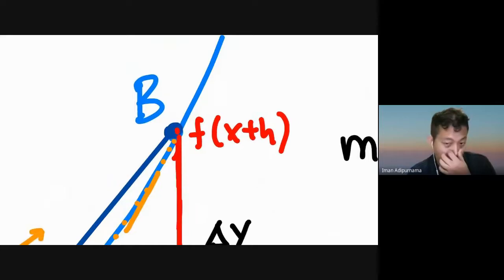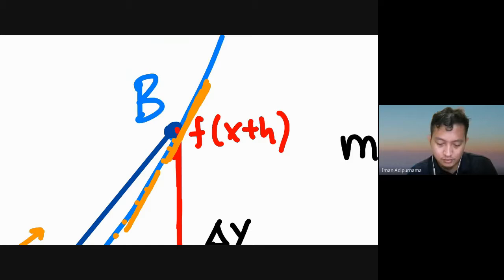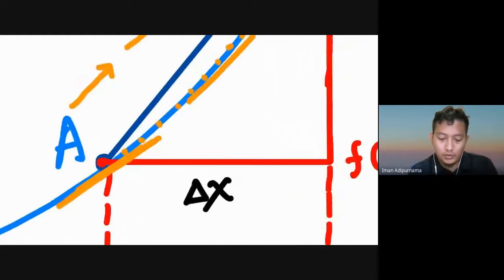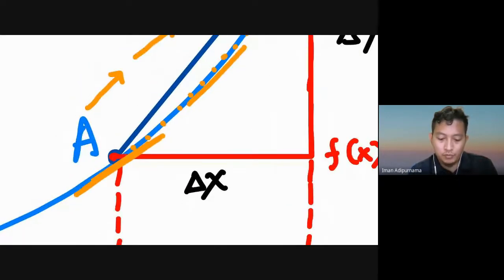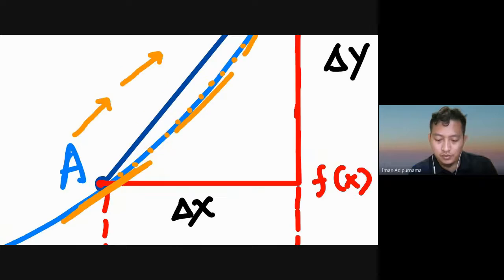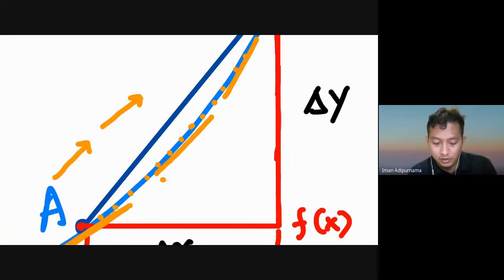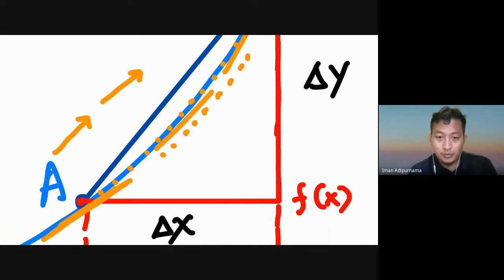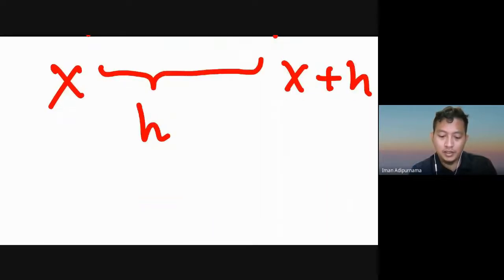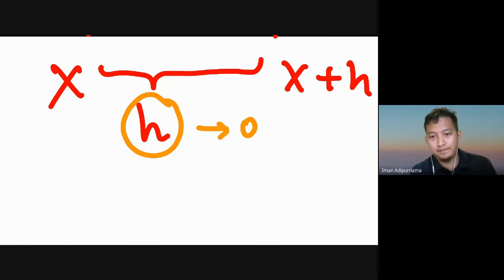And eventually it will be approaching this B, right? Okay, and what is happening when you move this A along this curve? What is happening is this h is getting to 0, right?